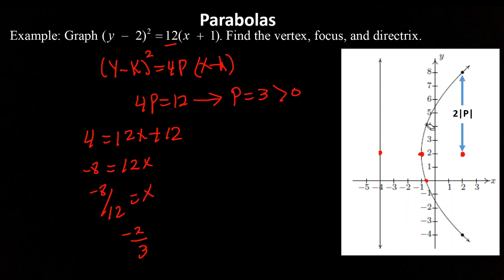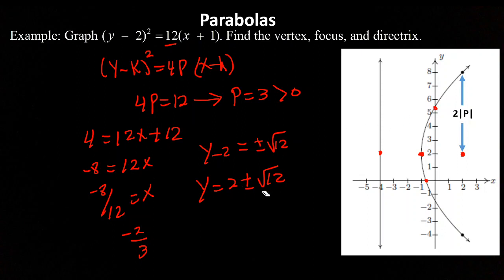And then the y-intercept, you could just substitute 0 for x, and then you get 12, and y minus 2 equals plus and minus square root of 12. So y is 2 plus and minus the square root of 12. The square root of 12 is about 3 point something. So 2 plus 3 point something is 5 point something. So that's 5 point something right there.